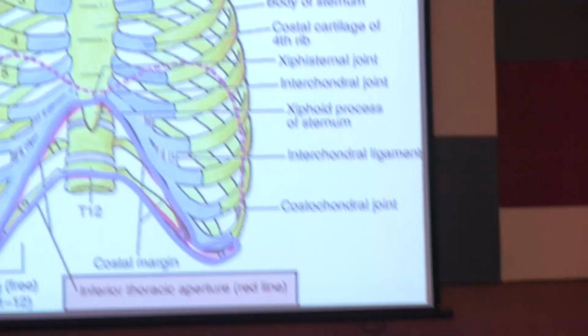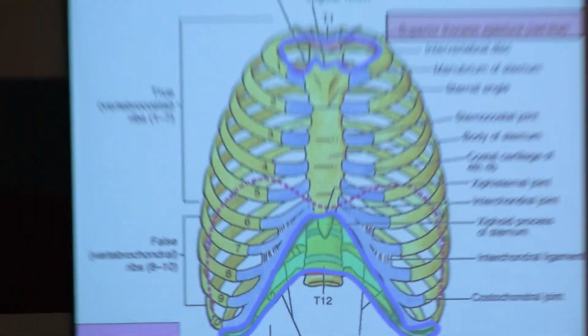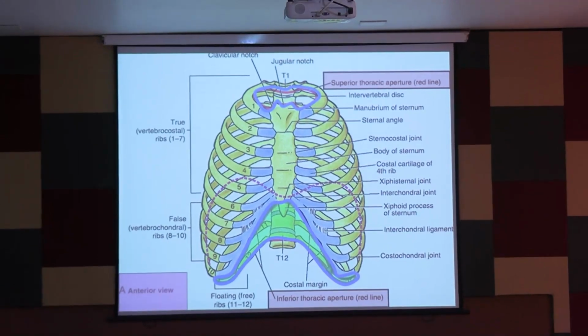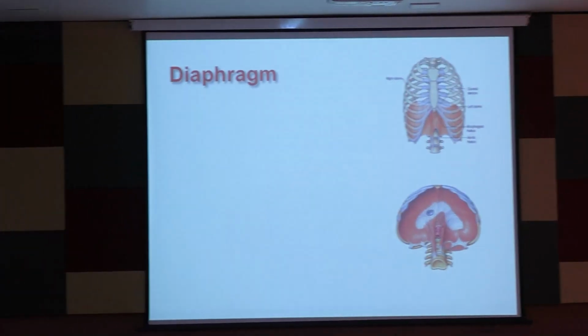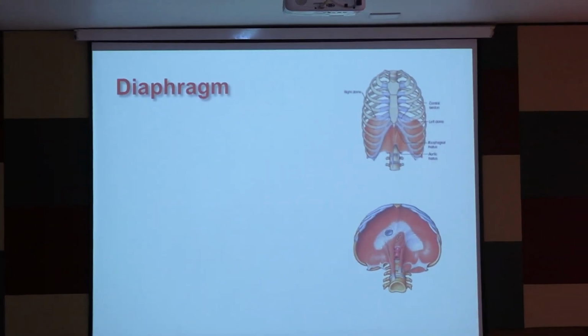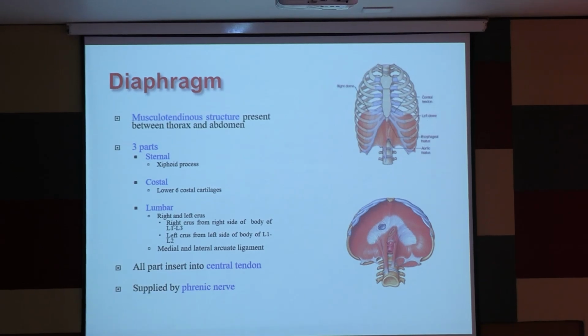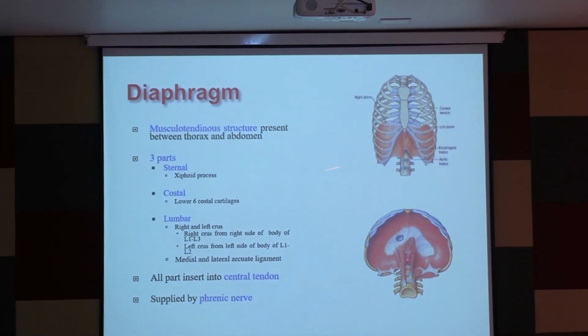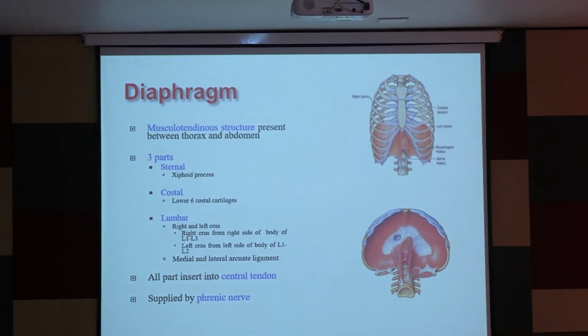So this is what we have to know about the thoracic aperture, the superior thoracic aperture, thoracic inlet, thoracic outlet, and the position of the diaphragm. For the diaphragm we have a separate special class. I am just bringing a few points about it. It is a muscular tendinous partition, and this structure has holes in it. We call them openings in the diaphragm, through which structures get in and come out, like the esophagus, inferior vena cava, and descending thoracic aorta.